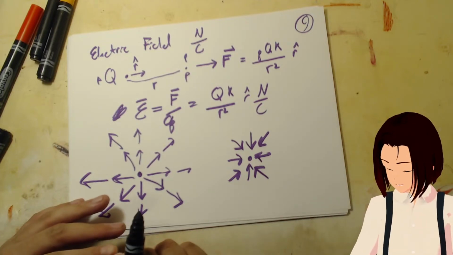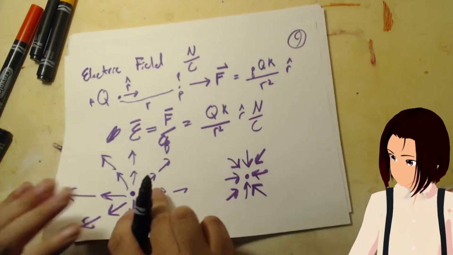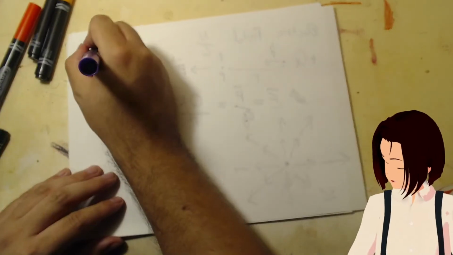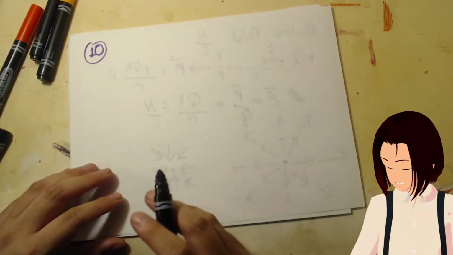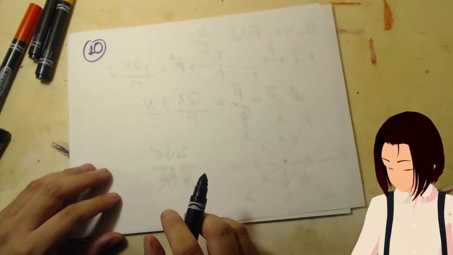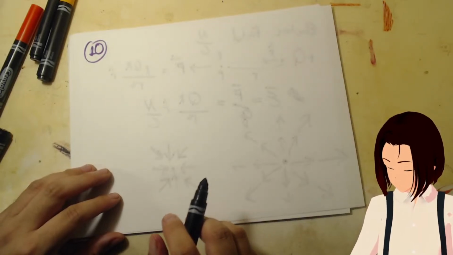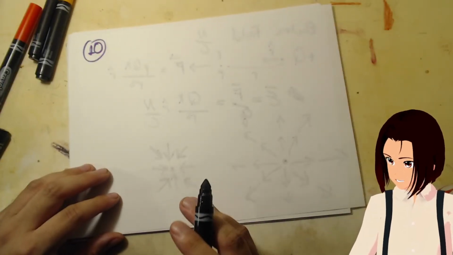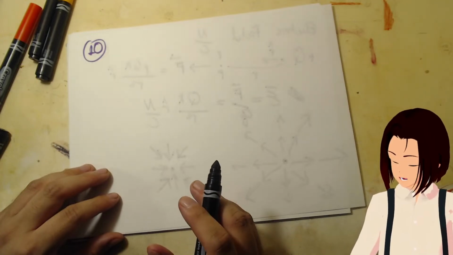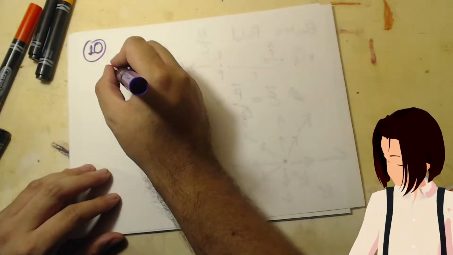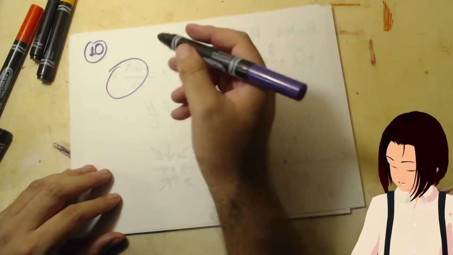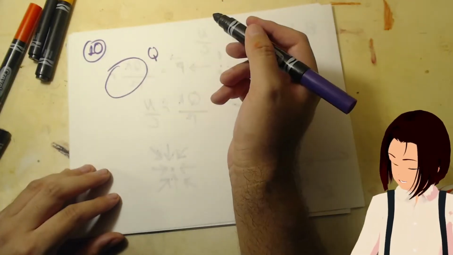So now let's do a little example problem. Page 10. So, say that we have a sphere, and the sphere has an evenly distributed charge on it. Pretend that's a sphere, and it has a charge evenly distributed on it.